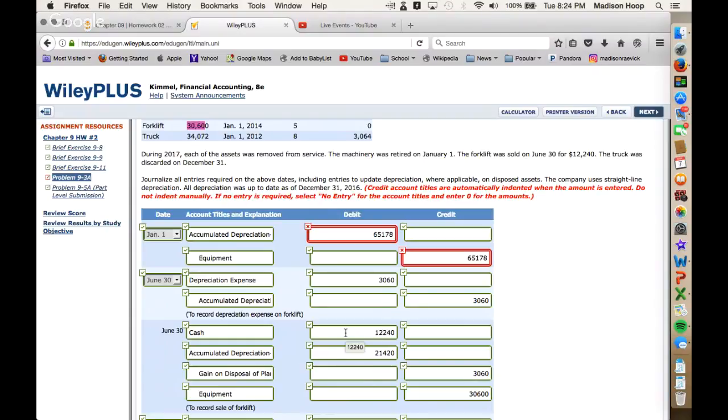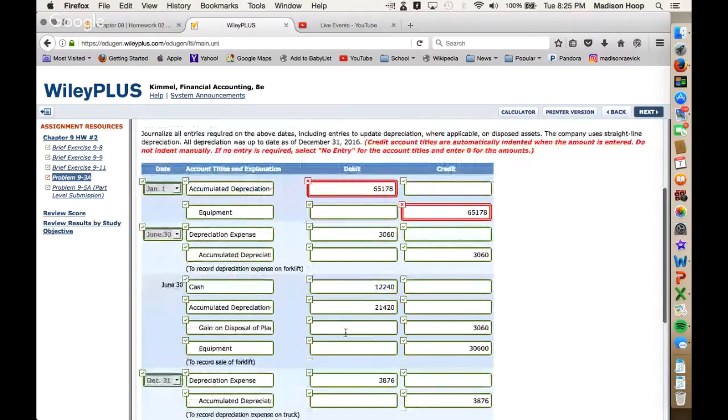We saw that the forklift was sold for $12,240. So we made a gain because the forklift was sold for more than we have it on the books. The difference, we credit for $3,060. And then in the equipment, we need to credit the amount that we bought it for. And that will record the sale of the forklift.